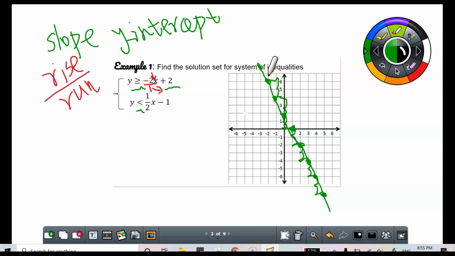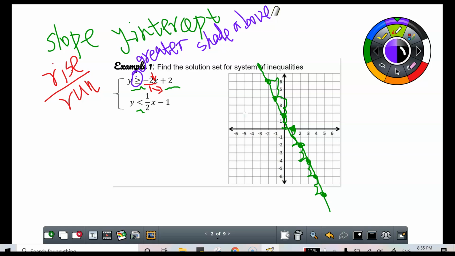Okay? And before we move on, this line is for the equation, but here we have an inequality symbol. So how do we represent the inequality symbol? Here the inequality symbol is greater than. So for greater than, we're going to shade above the line.